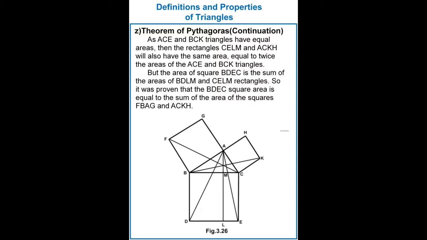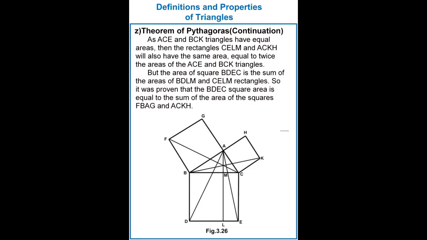In this last slide of this last class of chapter 3 of the course of basic geometry, the proof of the theorem of Pythagoras is finished. The ACE and BCK triangles have equal areas, so the CELM and ACKH rectangles also have equal areas.